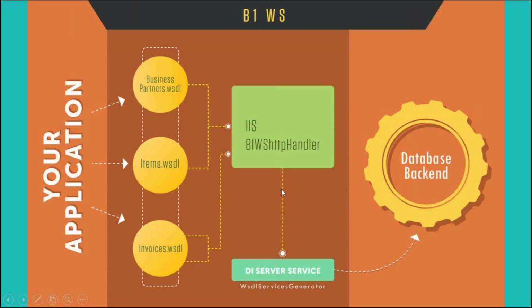So now how it works: your IIS should be hosted on the same box where the SAP system is installed, and your IIS will be calling the DI server service and logically doing everything that needs to be done through the normal calling of DI server, and it connects with the backend system.